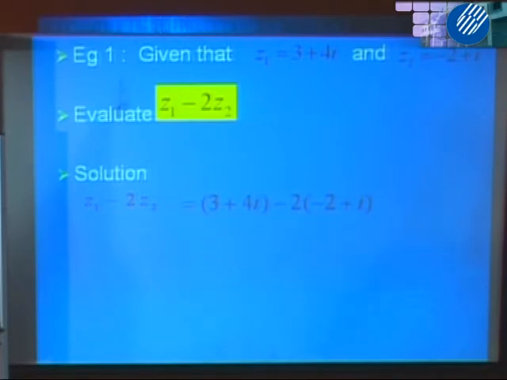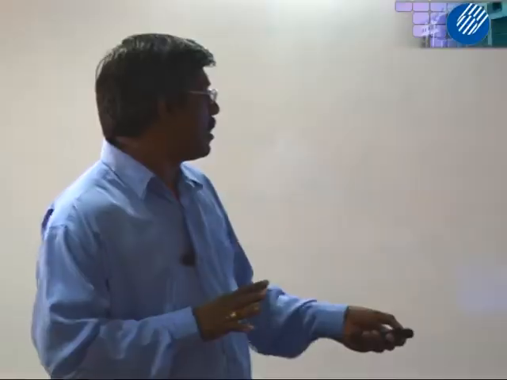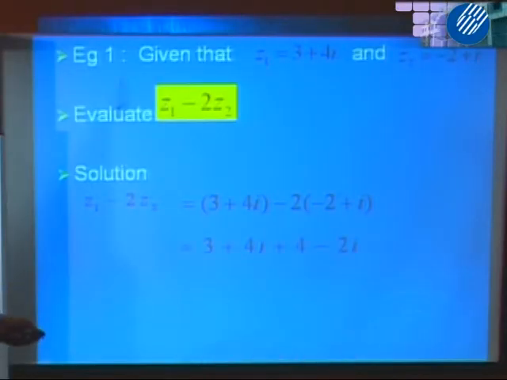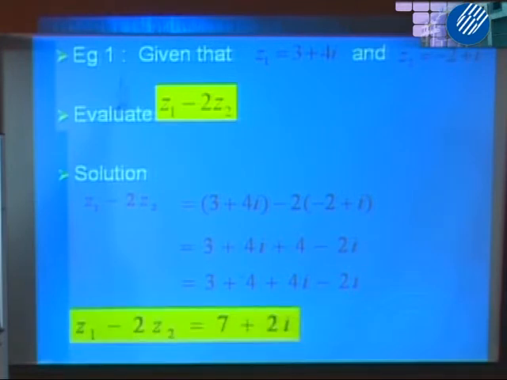Now if z1 minus 2z2 is given to you, all we got to do is, in a simple manner, substitute the values as they are. Then we expand it by multiplying the minus 2 inside, we get the value as plus 4 minus 2i. Now gather the real values together, then gather all the imaginary values together and simplify the value.